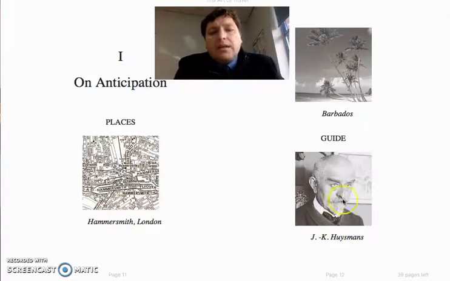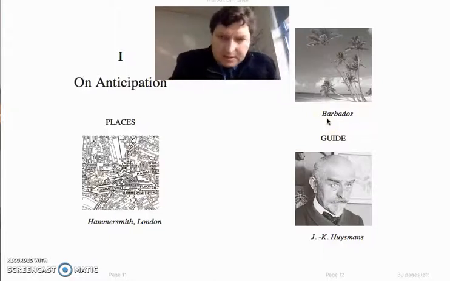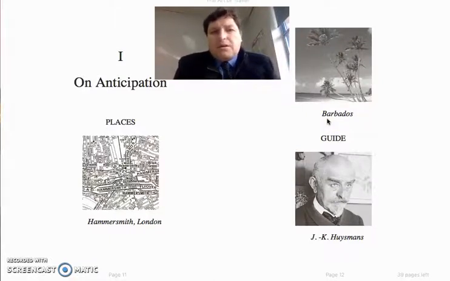We have our guide, and we have a picture of Barbados, or at least we assume it's Barbados because there are some palm trees there. It looks almost like a Year 7 kid's PowerPoint, with all apologies to students in Year 7. It does. And so we need to come to terms with that first as we go.